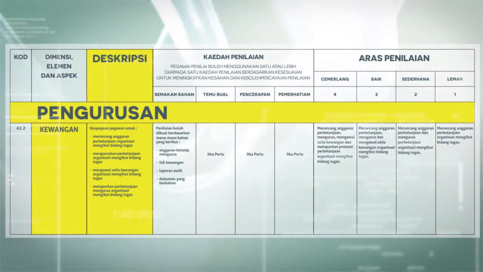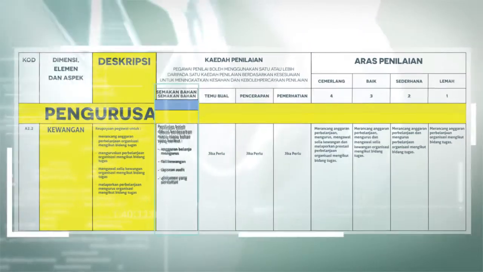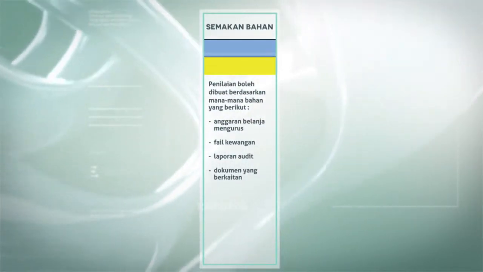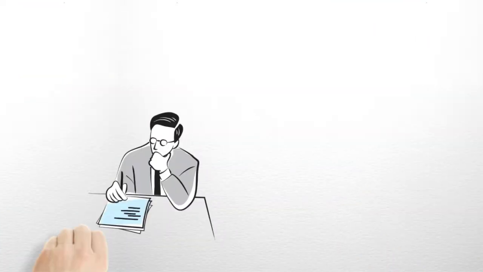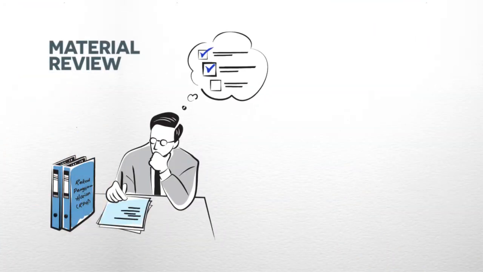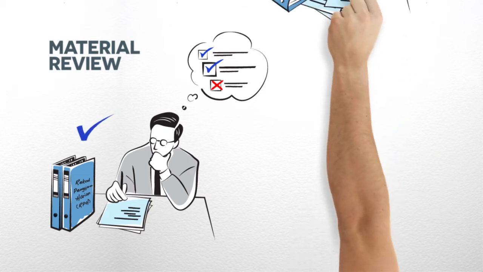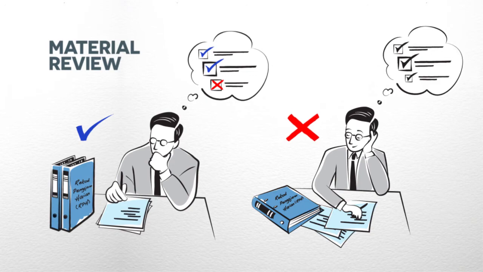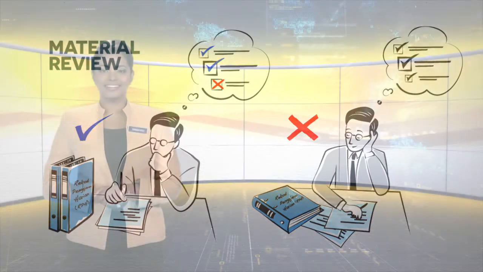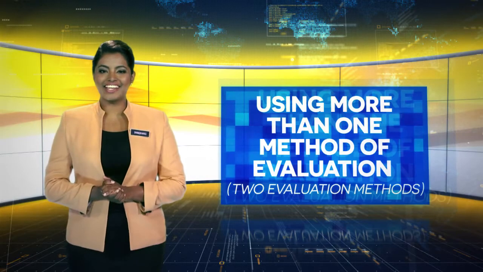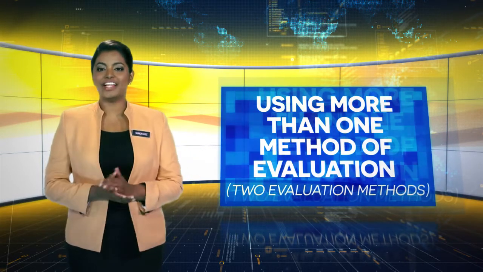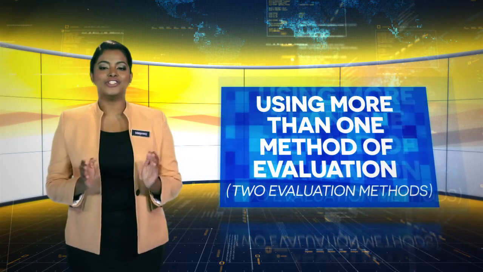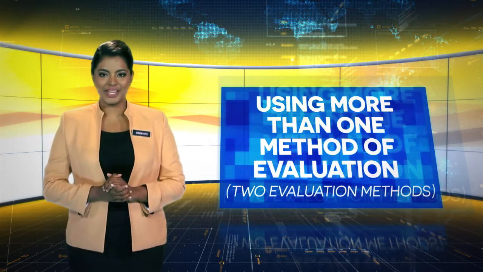Whenever the evaluator finds that the evaluation of the PYD is suitable using one method only, which is material review, the evaluator may only need to review any of the materials listed in the PB-PPP instrument. The evaluator can decide to choose one of the evaluation methods or both evaluation methods according to the suitability of the evaluation.